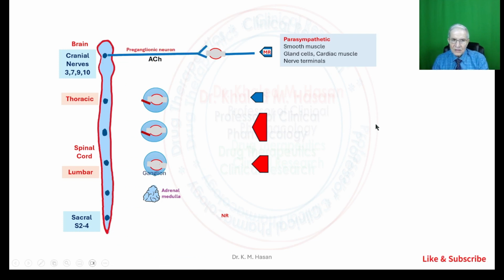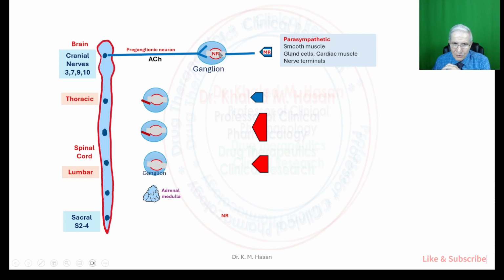So you can see the cranial nerves are responsible for the parasympathetic system, and we have preganglionic neurons, and these neurons release acetylcholine. As you can see, in the parasympathetic part, the preganglionic neuron releases acetylcholine, which interacts with the ganglia.